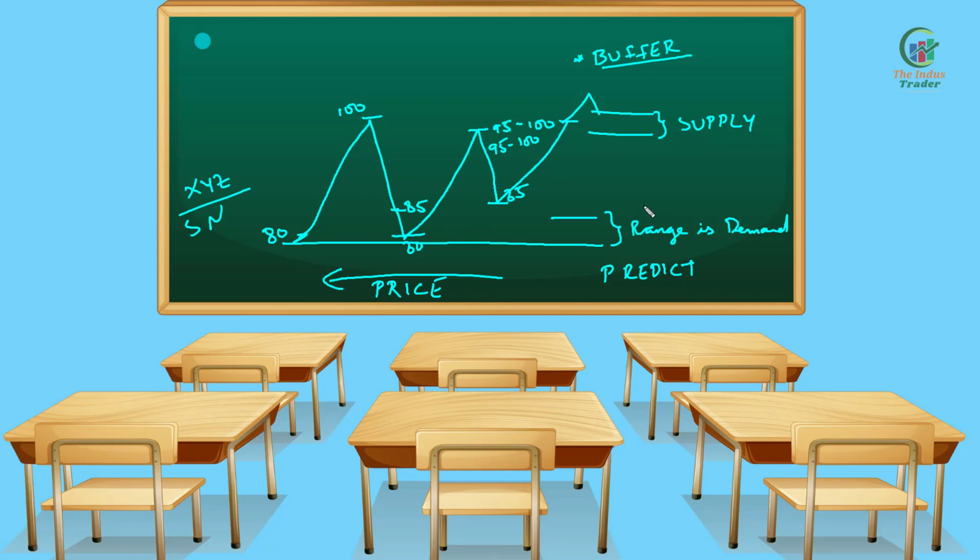By this, we come to know that whenever this XYZ comes to 80 to 85, buyers are interested to buy this XYZ stock. And when this XYZ reaches the 95 to 100 zone, sellers are interested to sell the stock. Hope you understood here. There is nothing in trading, either trend lines or support and resistance or whatever, where we don't predict based on the price that previously happened.